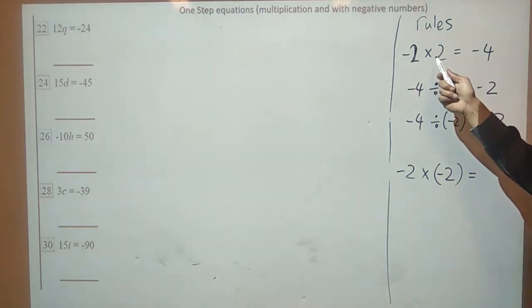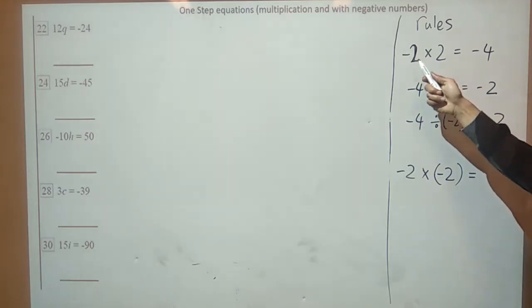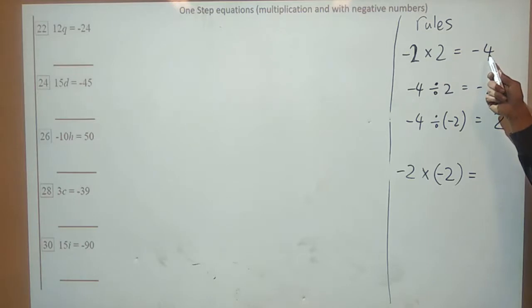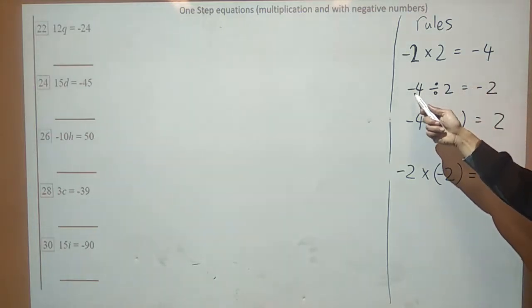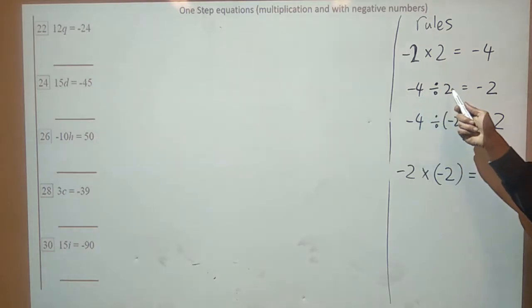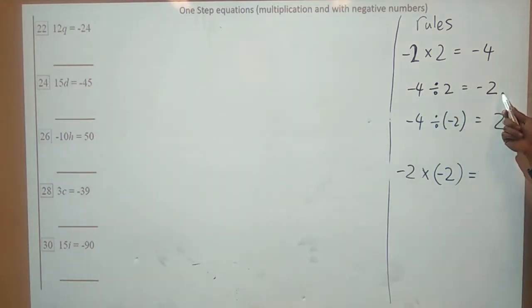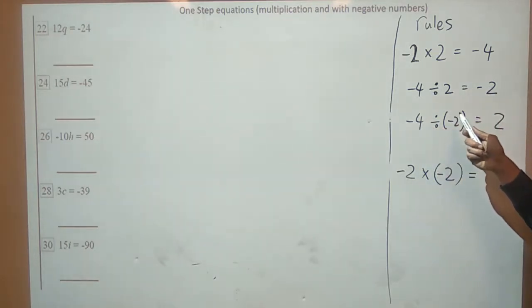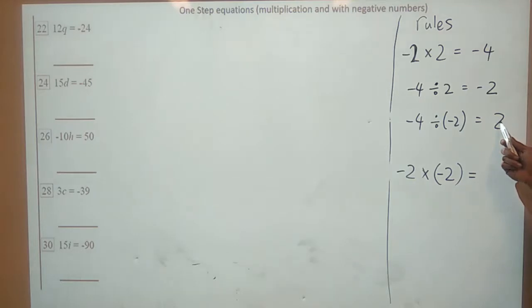With multiplication, if you multiply a negative number by a positive number, you get a negative result. By the same token, if you have a negative number divided by a positive number, you get a negative result. On the other hand, if you have a negative number divided by a negative number, you get a positive result.